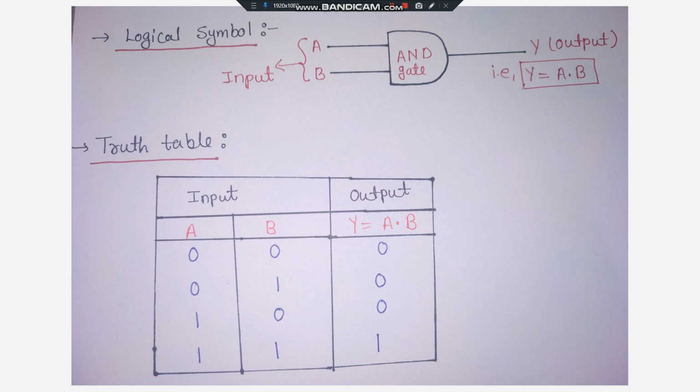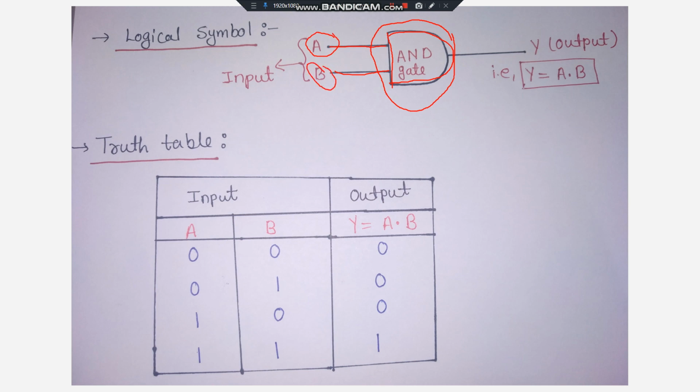If you see the symbol of the AND gate, it looks like a D shape. ठीक है, इसका जो सिंबल है ये एक डी शेप में दिखेगा आपको. क्लियर है? So if we are talking about the two input AND gate, that means two terminals will come for the inputs, and I have given the name A to the first input and B to the second input.